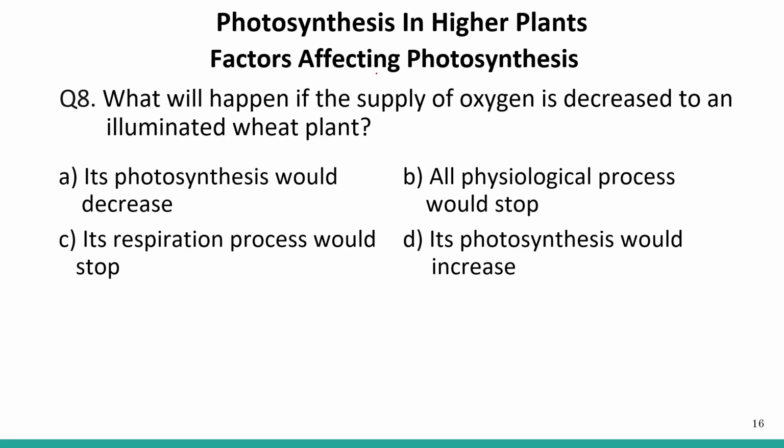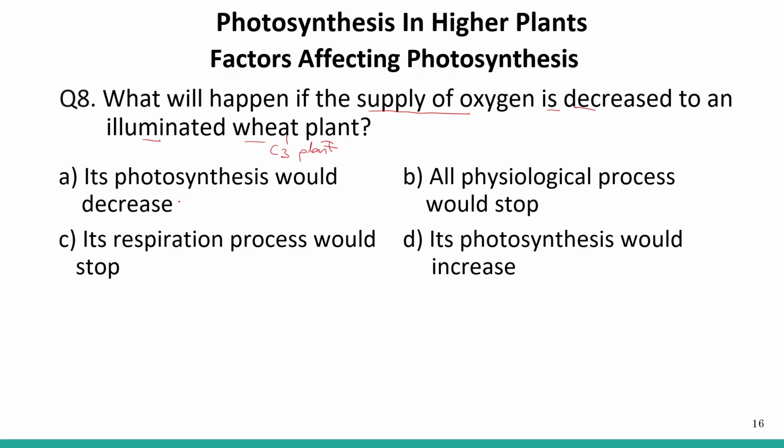The next question is, what will happen if the supply of oxygen is decreased to an illuminated wheat plant? Okay, so wheat plant is a what? It is a C3 plant. Means it shows Calvin cycle. Alright, now let's read the options.